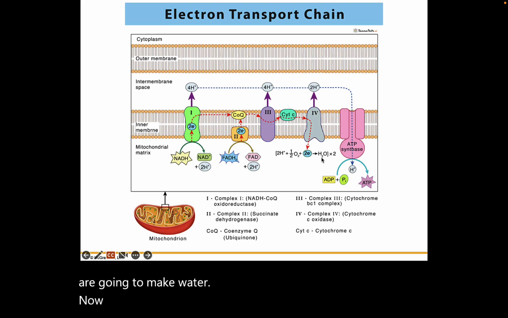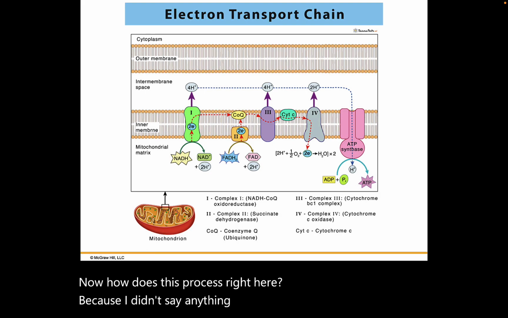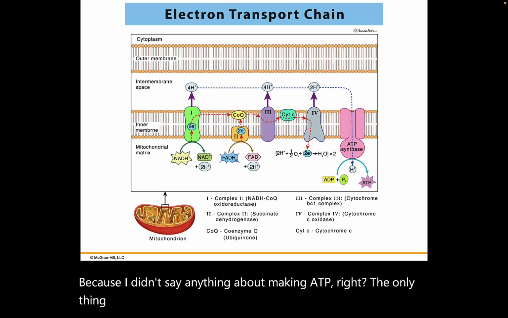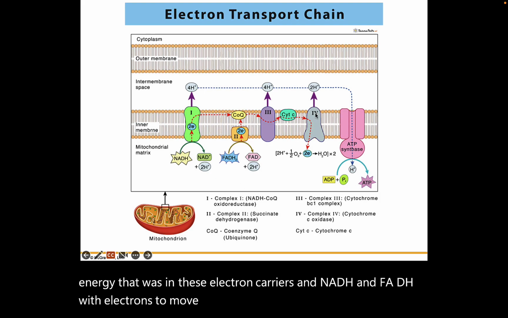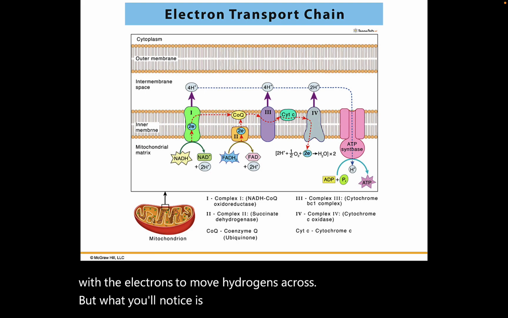Now, how does this process make ATP, because I didn't say anything about making ATP, right? The only thing we've done with the electron transport is use the potential energy that was in these electron carriers, NADH and FADH2 with the electrons, to move hydrogens across. But what you'll notice is we have developed a hydrogen gradient here.